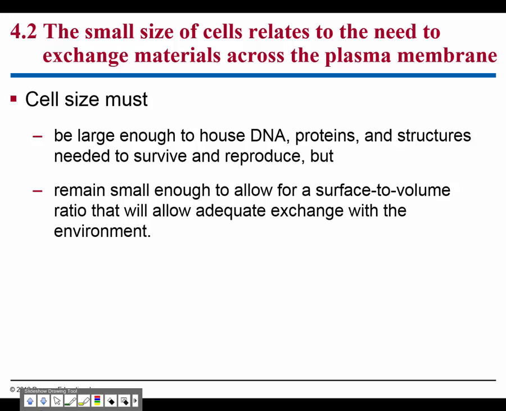So, cell size. It's got to be big enough to hold your DNA, proteins, and different things needed to survive, but small enough to allow adequate exchange with the environment. So in the 1950s movie The Blob, there's this huge blob that's supposedly a single cell that just absorbs people.